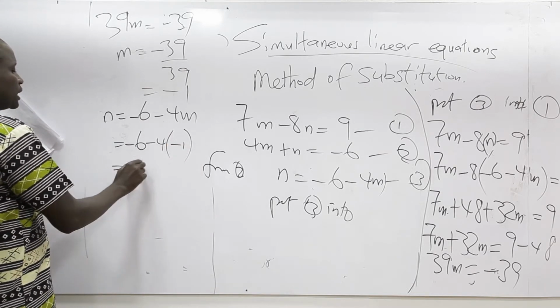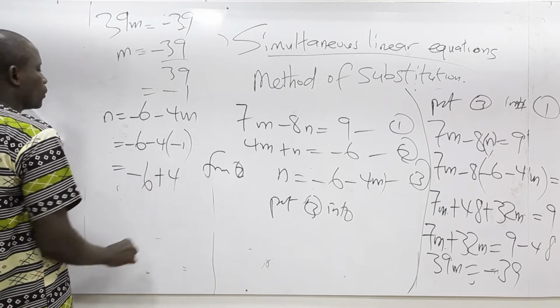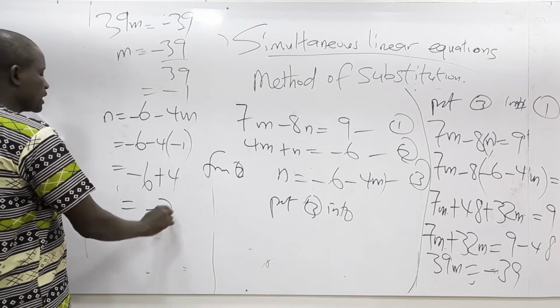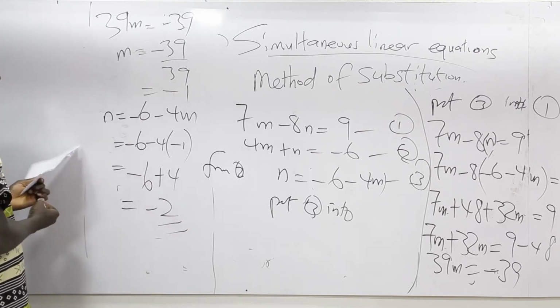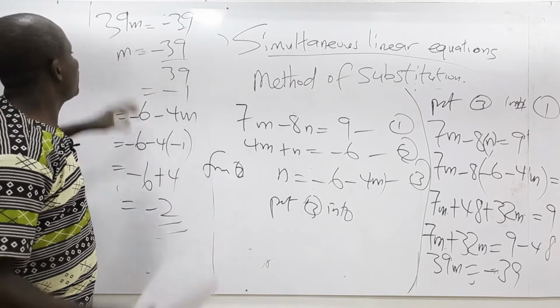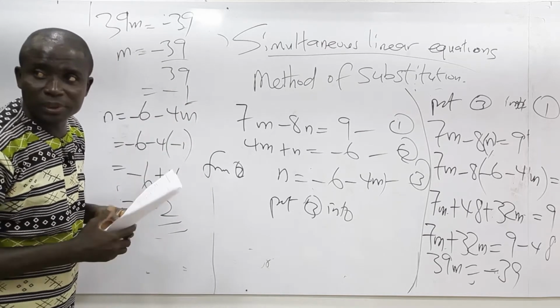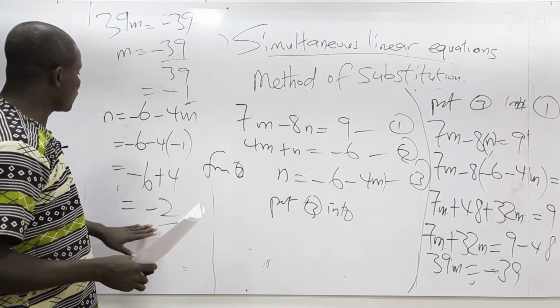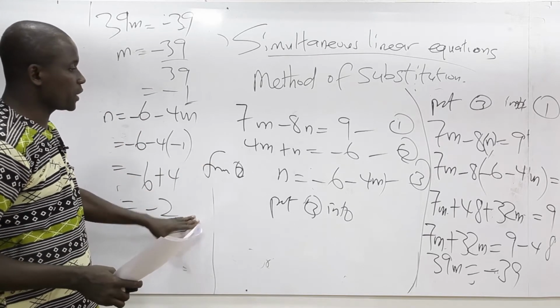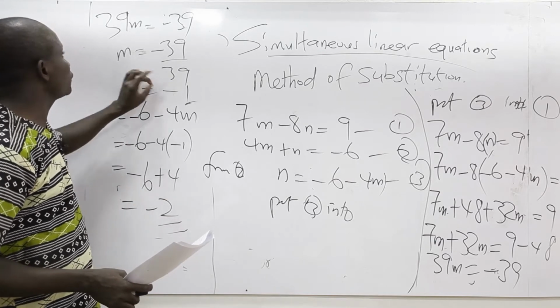So we are going to get negative 6 plus 4. That will be negative 2. I'm repeating, we have solved for m to be negative 1. Now that we've gotten m to be equal to negative 1, we just replace it there, and right now we have this and that.